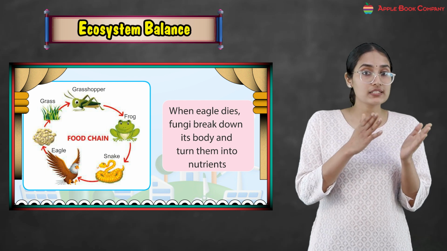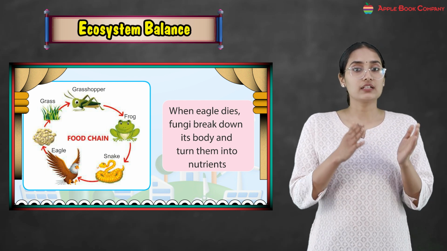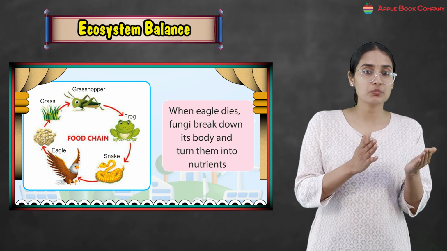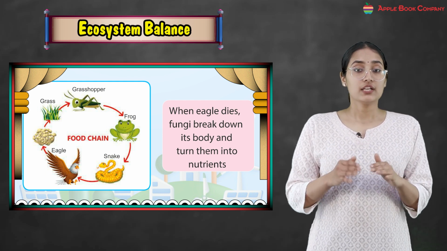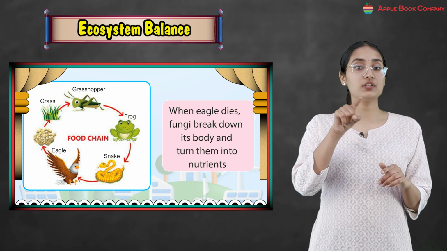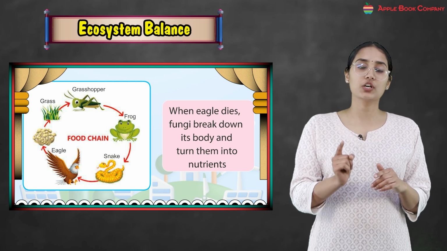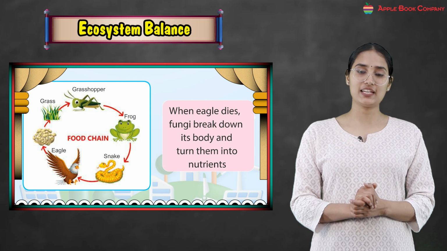Then the grasshopper eats those nutrients. Then the frog eats the grasshopper. The snake eats the frog, and the eagle eats the snake. So this is how the cycle of the nutrients, the energy keeps on continuing just because of the animals, right?